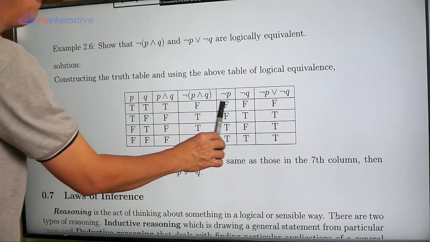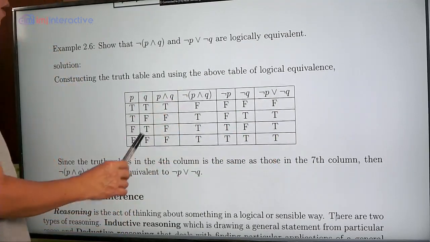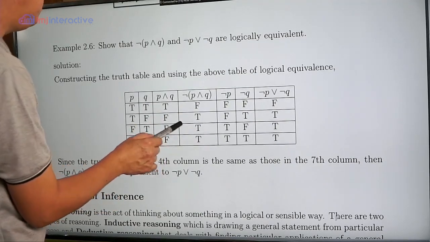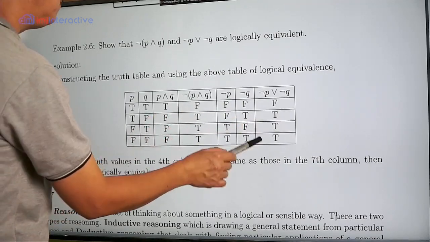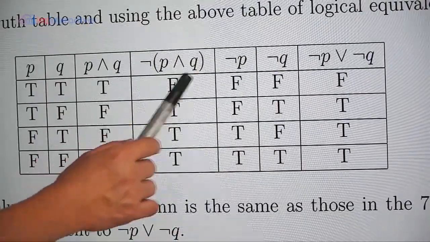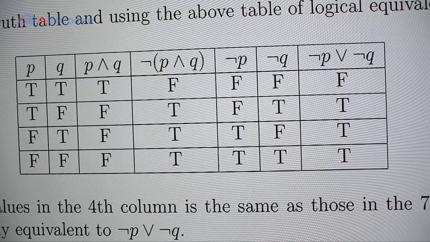You fill this up. So follow the rule. Next, take a look at this, and this. They have exactly the same values. So it follows that this one and this are logically equivalent.